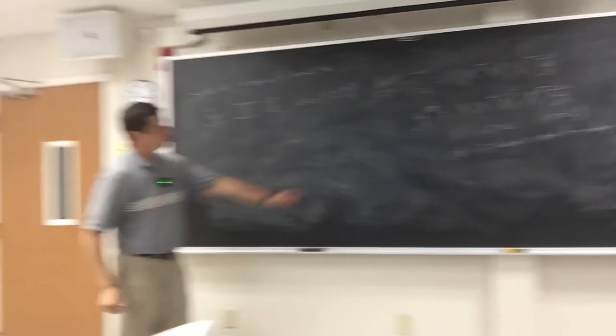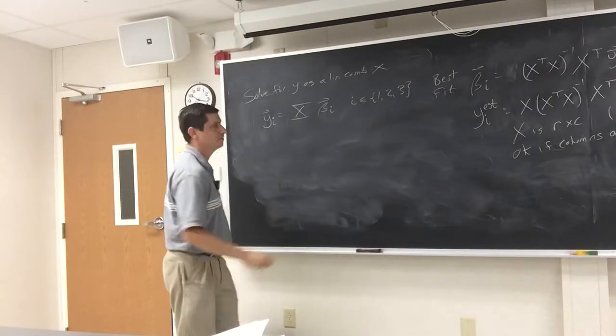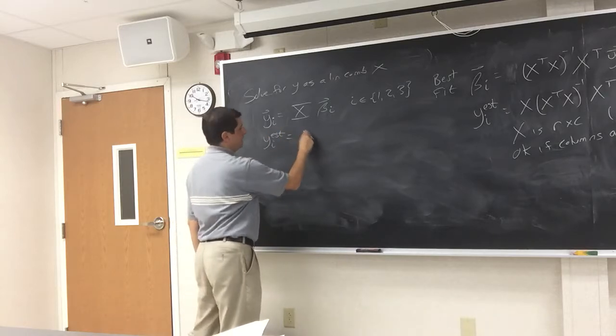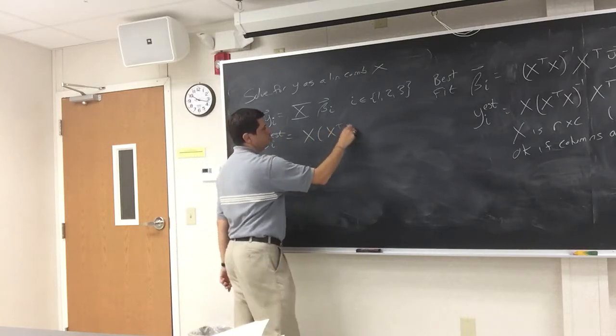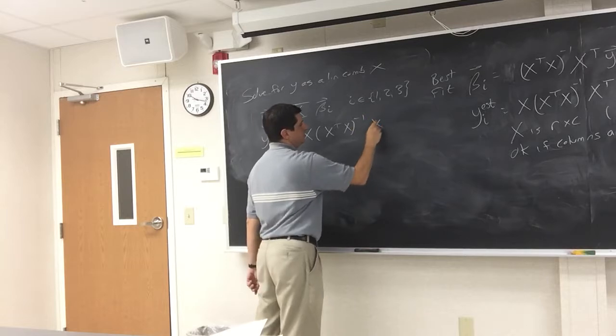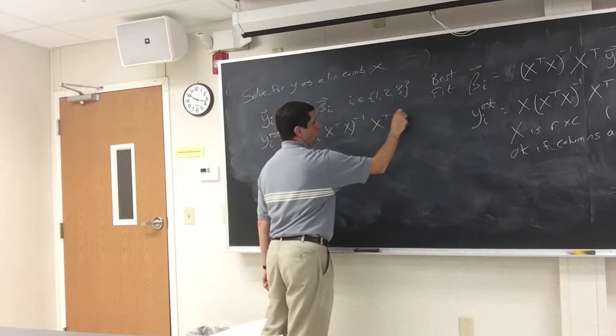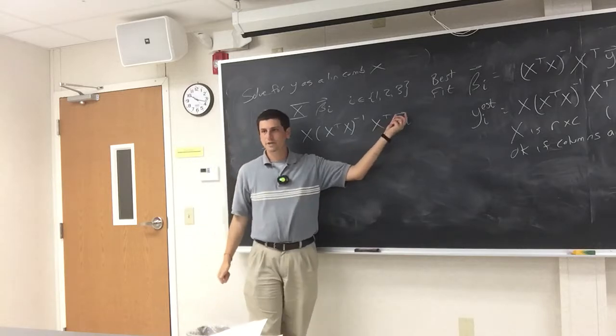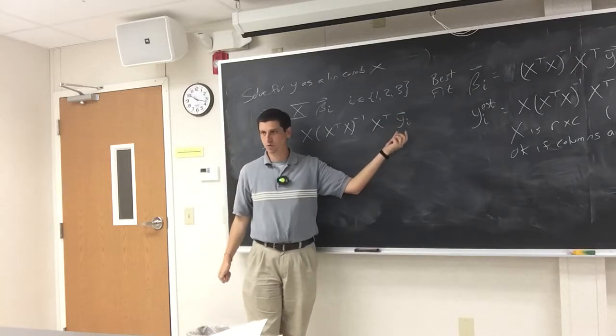So we have y_i estimate is the following. It's going to be (X transpose X) inverse X transpose y_i. And each of these y_i's is going to be a percentage between 0 and 1.